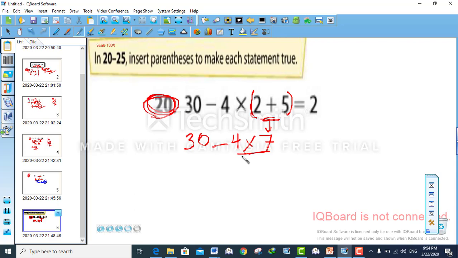Of course, I have to start with multiplication because it's stronger. So 4 by 7 is 28, and here minus, and here the 30. Now 30 minus 28 is what? Yes, the answer is 2. Is it the same? Yes, it's the same answer. So our answer is correct. We have to put it here over the 2 and the 5.